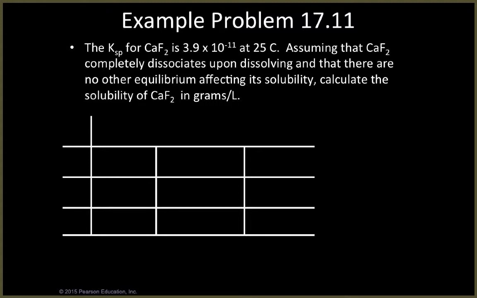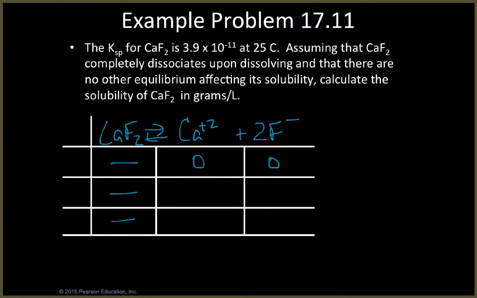So I'm going to start this one the same way, where I set up the CaF2. I show the dissociation. That becomes Ca2+ and 2F-. My original solid is not going to change. My initial values are going to be 0 because it says I'm just dissolving it in water and there's nothing else going on there.